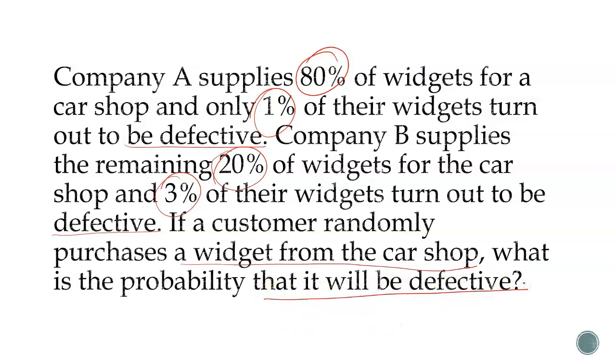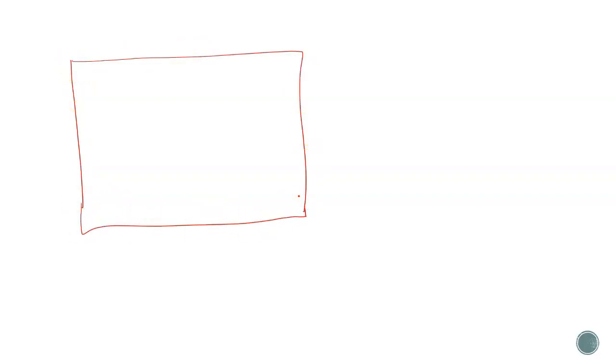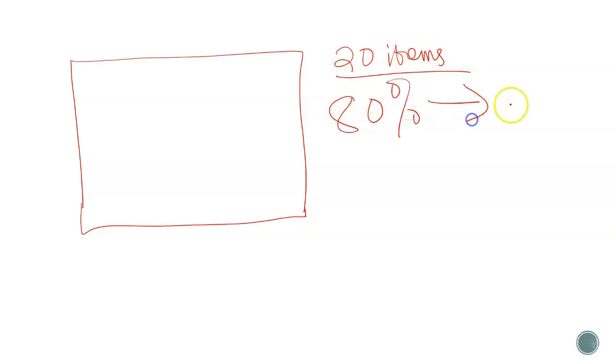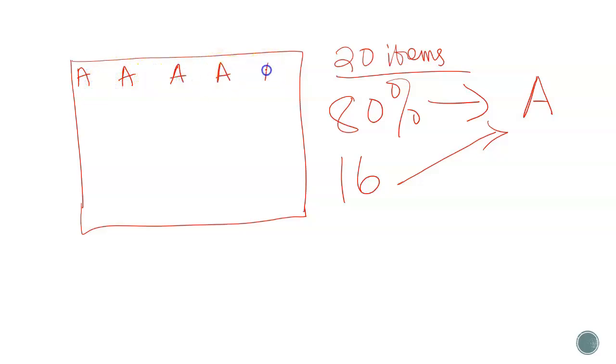Okay, so as usual, I would have to have an illustration of what we are talking about here. Supposing this is our car shop, say the car shop has 20 items in stock right now. Per the question, 80% is coming from Company A, so supposing I have 20 items, it means I would have 16 items coming from Company A. I can represent that with A's here.